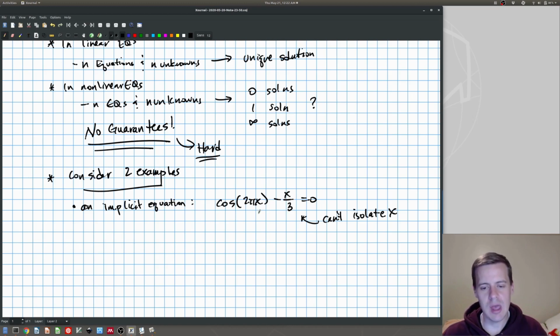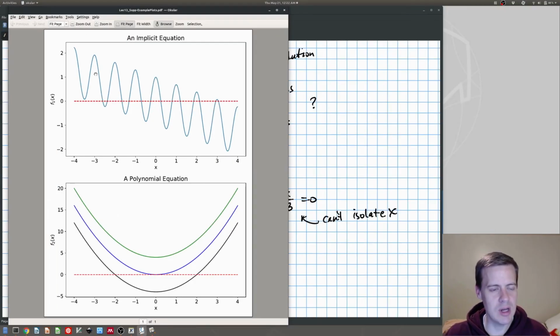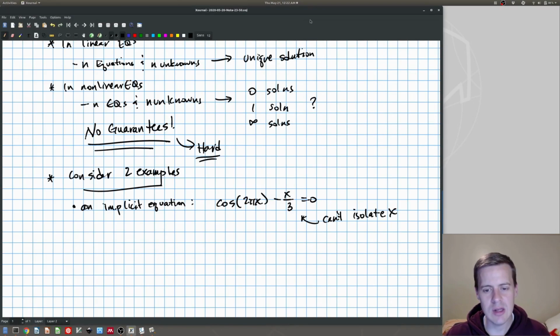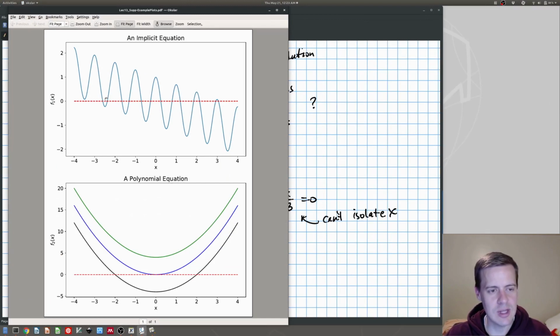And for this equation, I actually have a plot of it. I'm going to pull it up right here. You notice I've got cosine that's causing this wave. And if I want to say, when does cosine of 2 pi x minus x over 3 equal 0, that's where this red line is. That's 0.